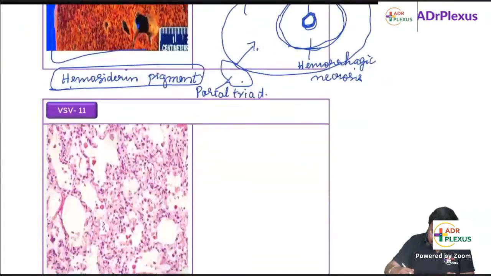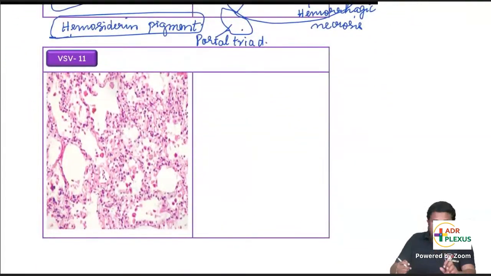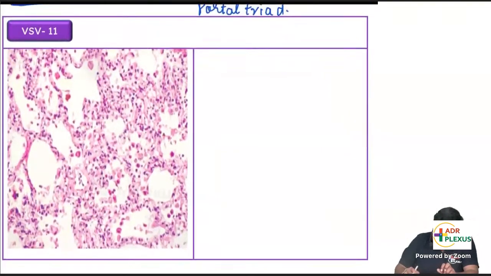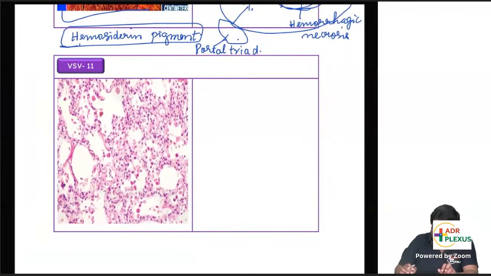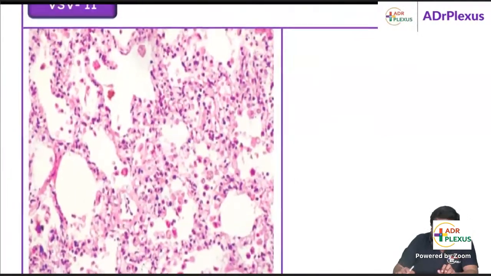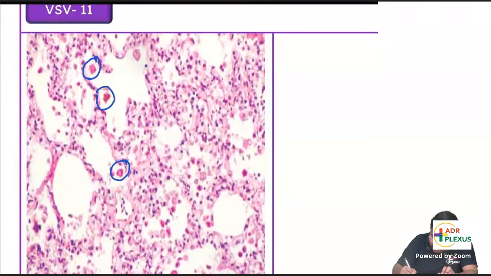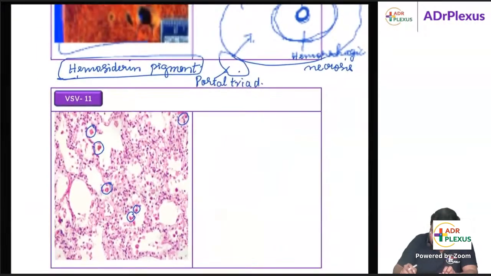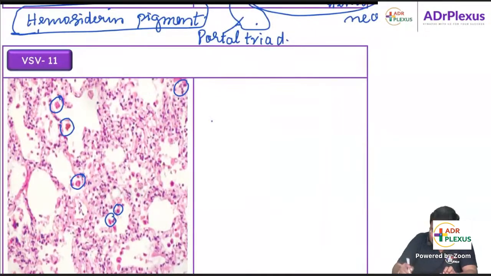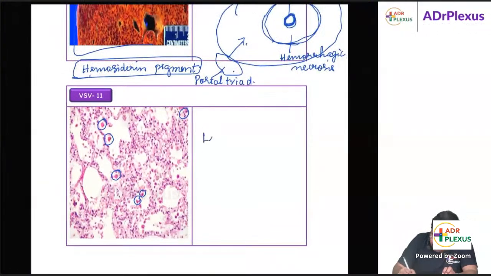Now, what is this? This is the biopsy of the lung. In the autopsy finding of the lung, you can see cells which have this golden brown pigment, both in the alveoli as well as in the septa. The patient has a history of left heart failure.